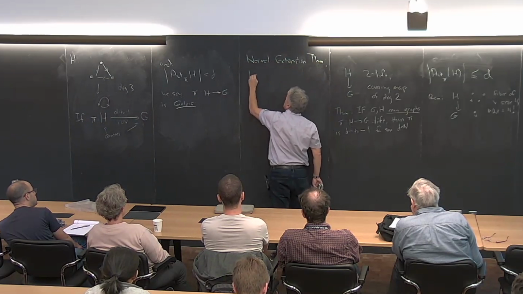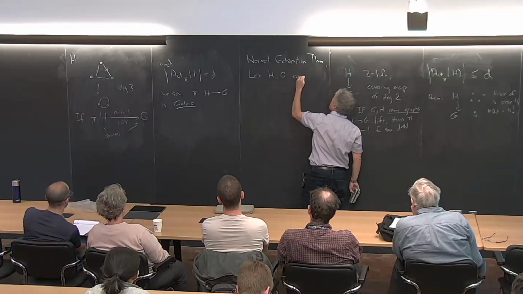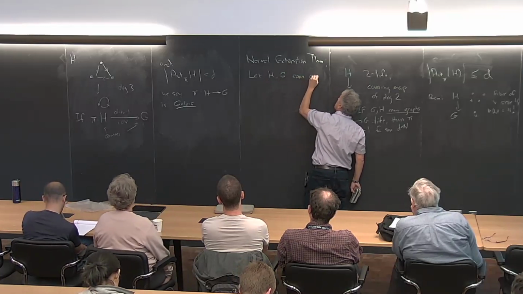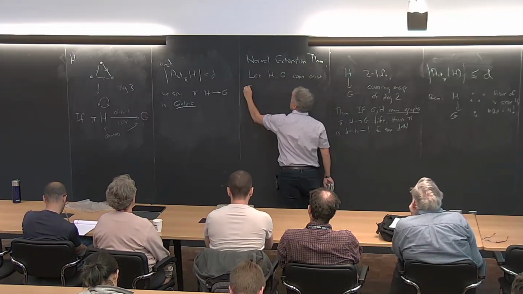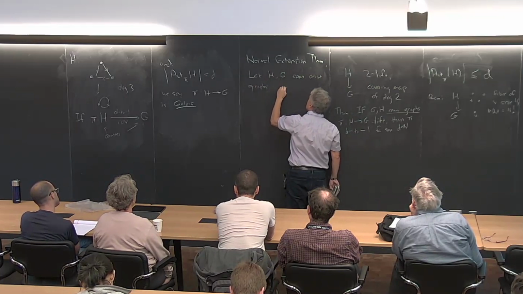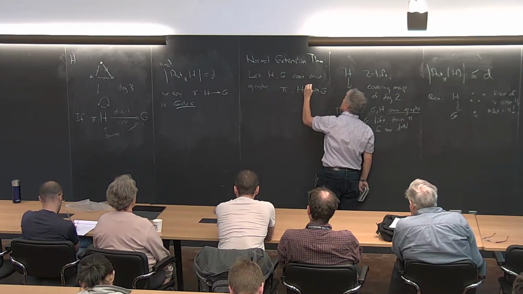Let H and G be connected oriented graphs, and pi from H to G a D-to-1 covering map.